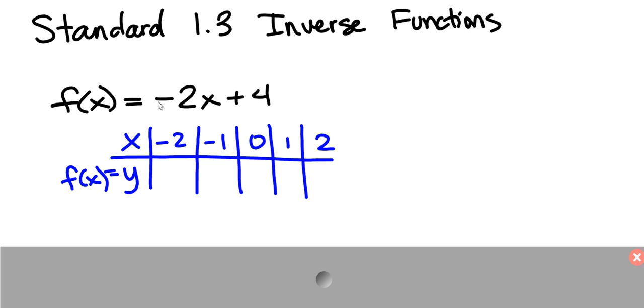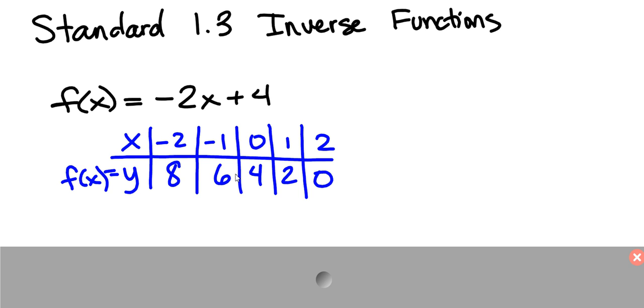So negative 2 times negative 2 is positive 4, plus 4 is 8. Negative times the negative is positive again. So we get 6, we get 4, negative 2 plus 4 is 2, and then we get 0. So we have our different points here for our function, and we could label these in different ways.